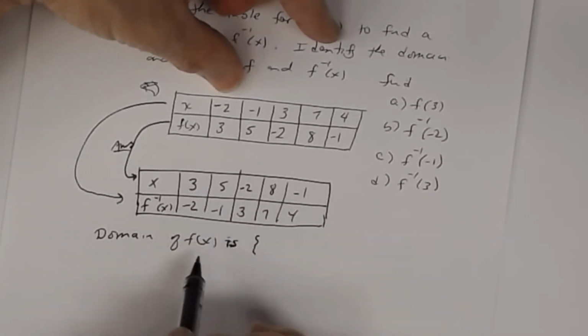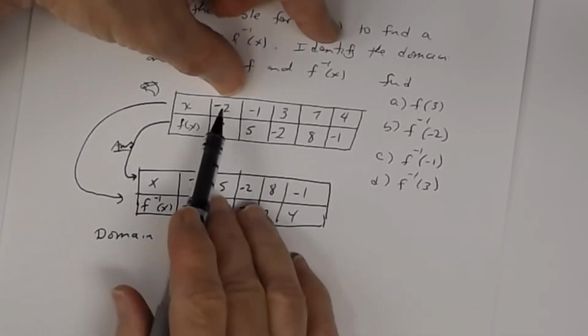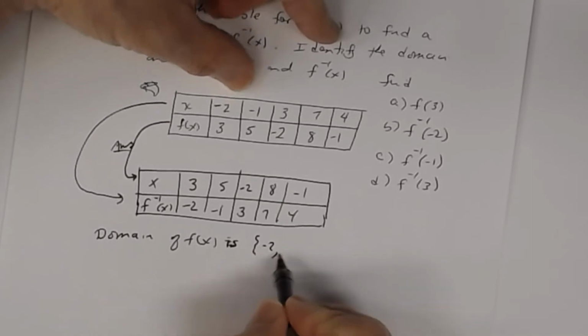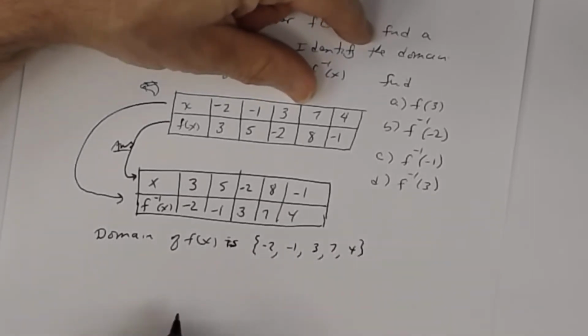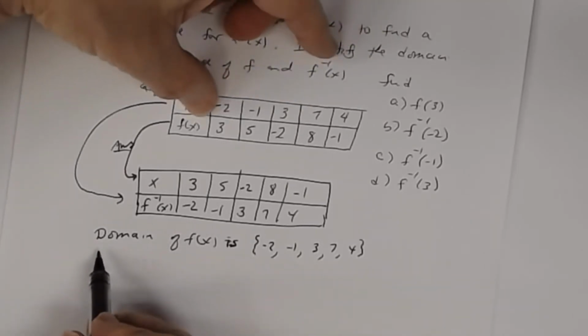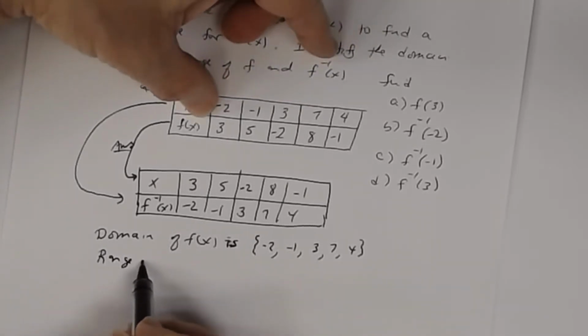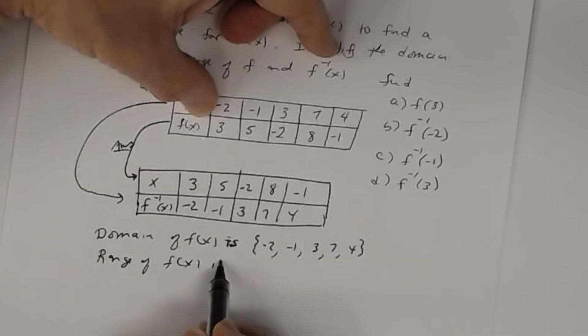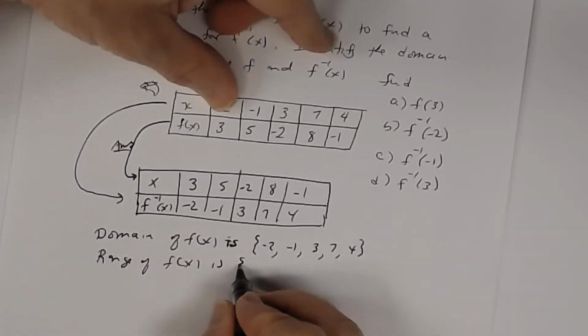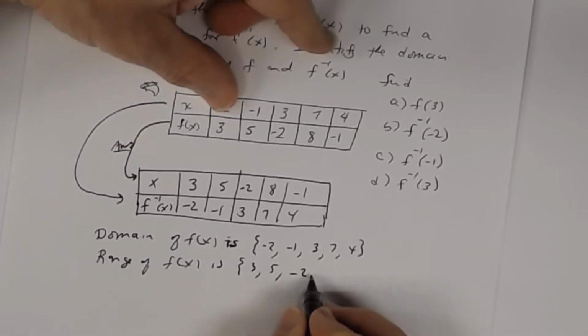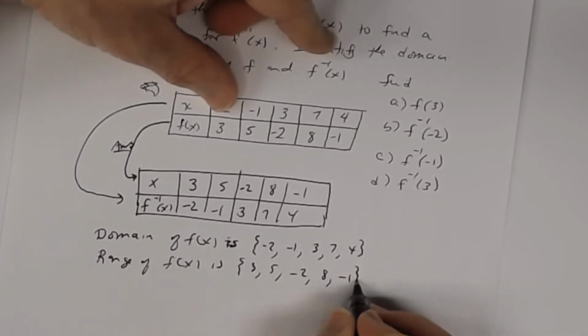Remember, the domain of f of x is your x coordinates. So you have negative 2, negative 1, 3, 7, 4. Okay? Then the range of f of x is your set of y coordinates for your function f. So that's going to be 3, 5, negative 2, 8, negative 1.